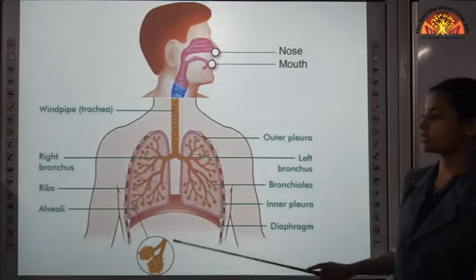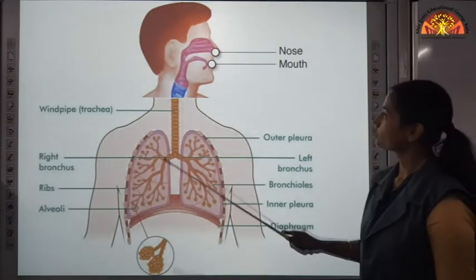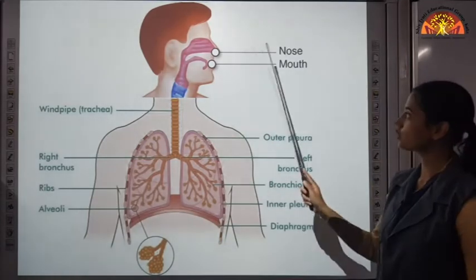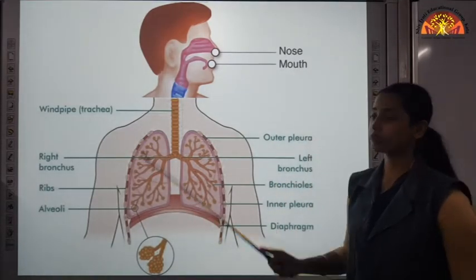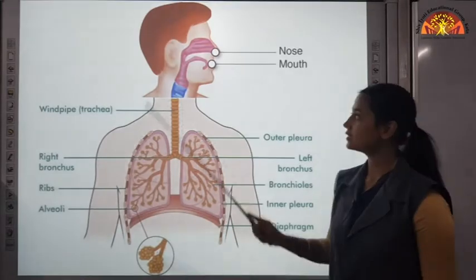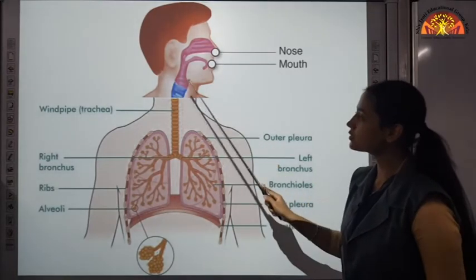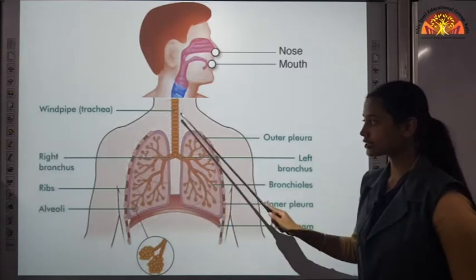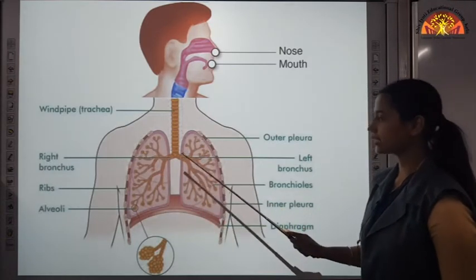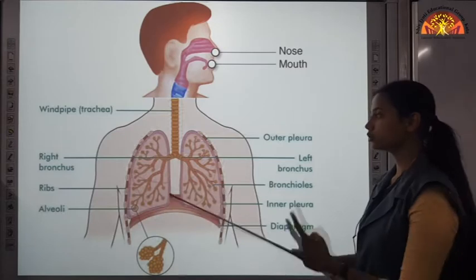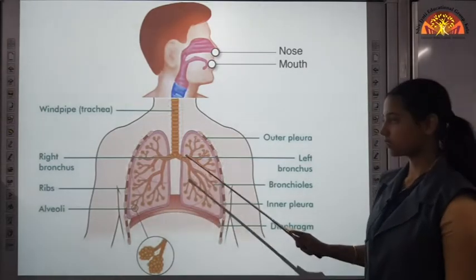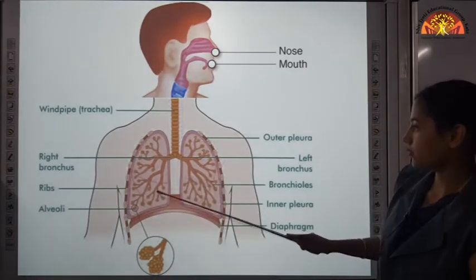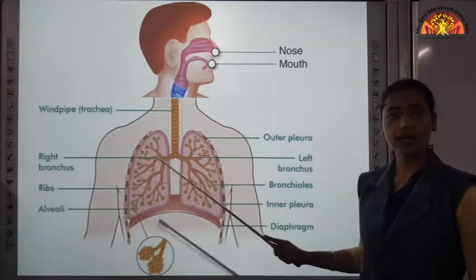Now this is the respiratory system. What are the steps involved? First, through the nose we inhale gas, then the gas passes through this windpipe which is known as trachea. Then this windpipe is again divided into two subtubes which are known as bronchi.